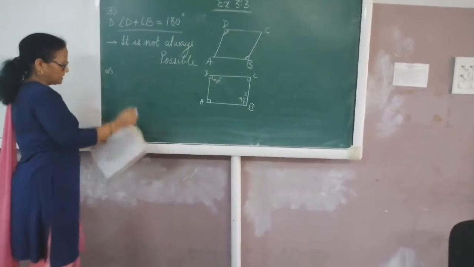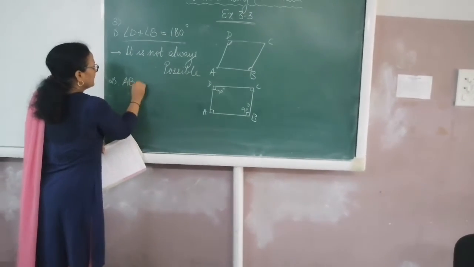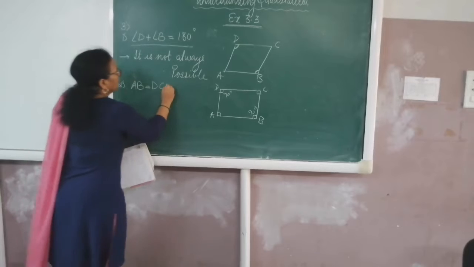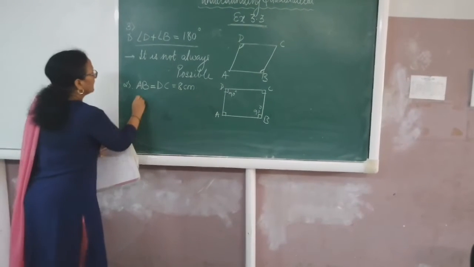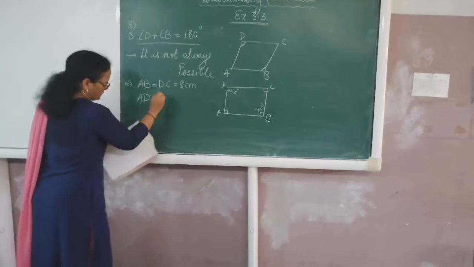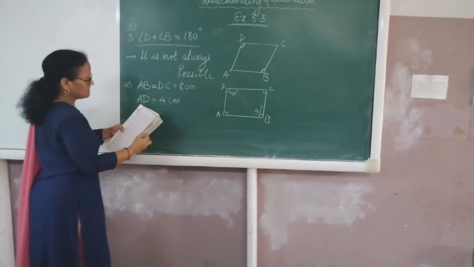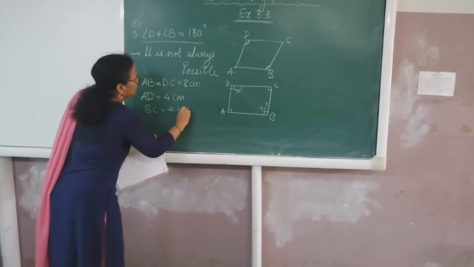Now second, they have given AB is equal to DC is equal to 8 centimeter. Then AD is equal to 4 centimeter and BC is equal to 4.4 centimeter.